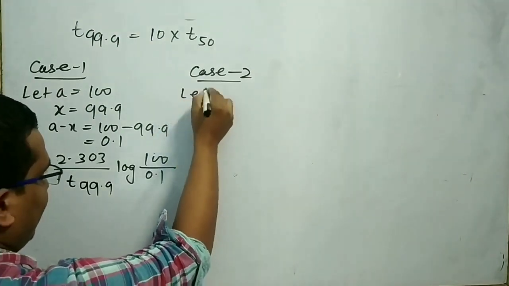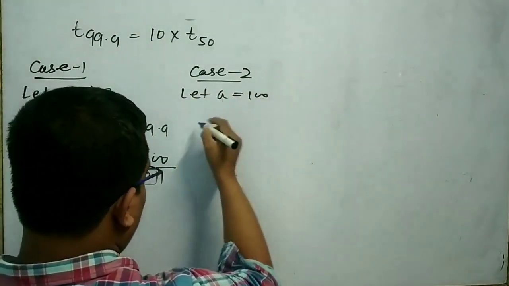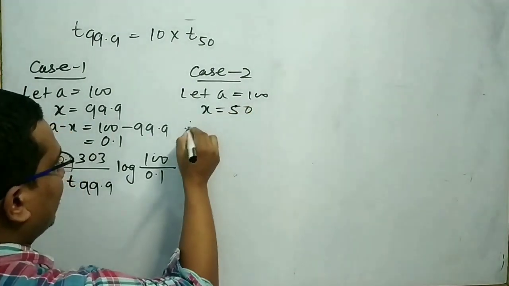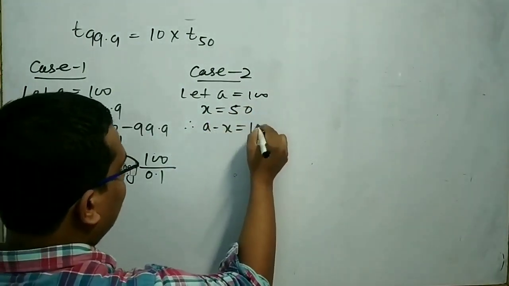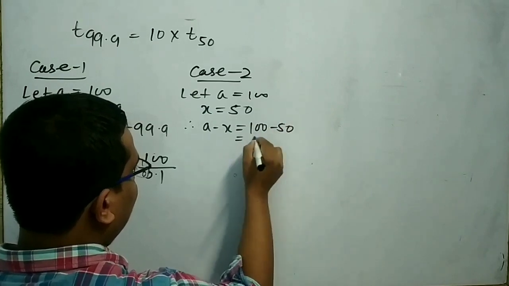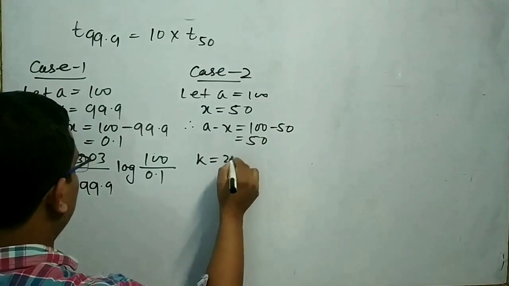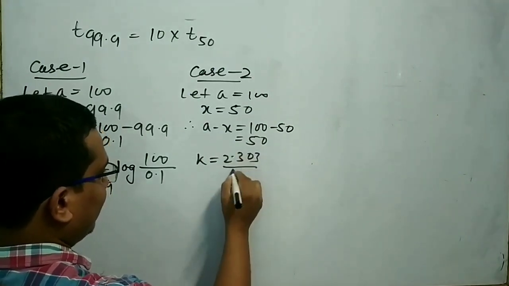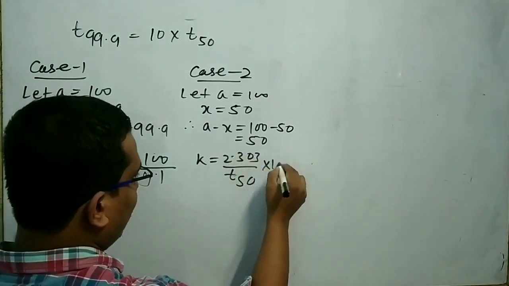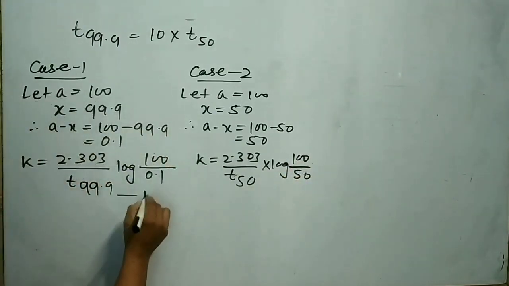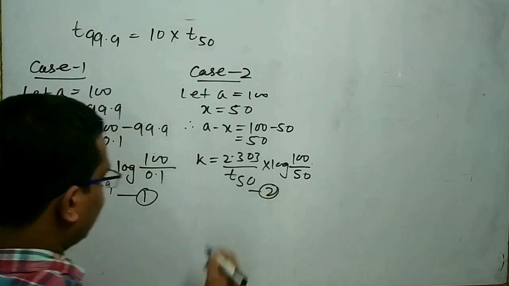For case 2, let A is equal to 100. According to the question, for case 2, x is equal to 50. Therefore, A minus x is equal to 100 minus 50, that is 50. Here we can also write K is equal to 2.303 divided by T50 into log of 100 by 50. Suppose this is equation 1, suppose this is equation 2.